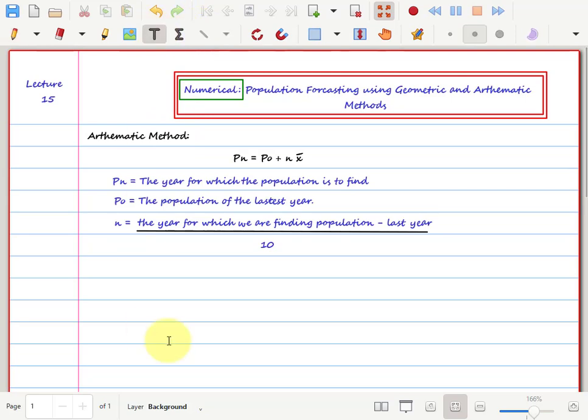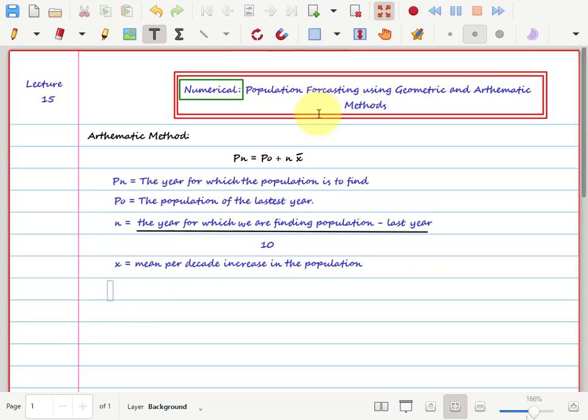Let's first write down these abbreviations, and then x bar is equal to, that means, the mean per decade increase in the population within the 10 years is x bar.